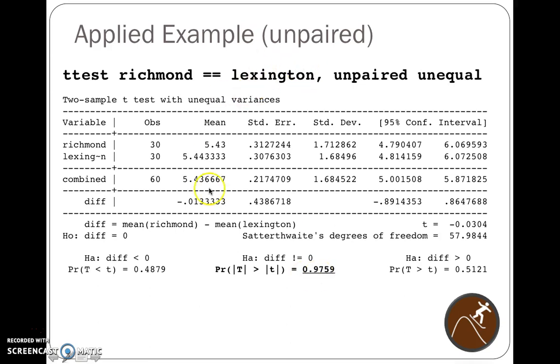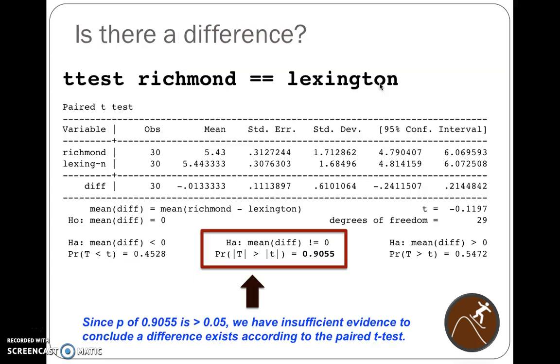This is looking at the overall. This is unpaired. It's looking at the entire group versus the other entire group. Whereas in this particular t-test, the paired t-test, it is taking into account those individual pairs of data: day one, group one versus day one, group two; day two, group one versus day two, group two; day three, Richmond versus day three, Lexington.